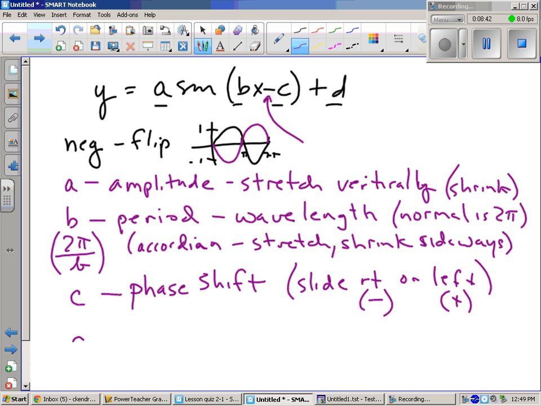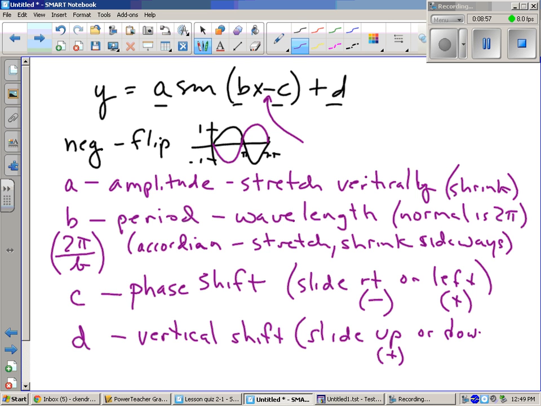And D, our last but not least, is called the vertical shift. Shift meaning you slide up, which would be positive, this is normal, or down, which would be negative. Okay, so that it's outside the parentheses, it's normal.